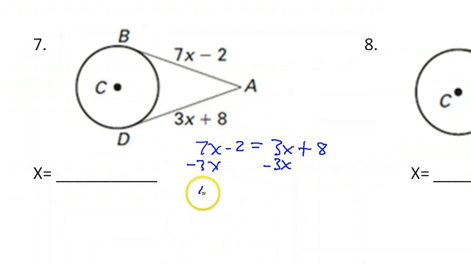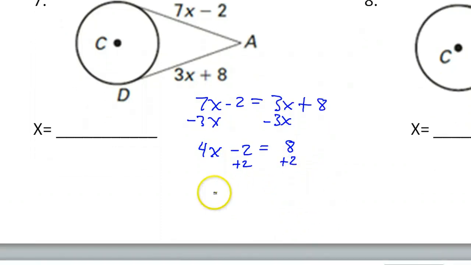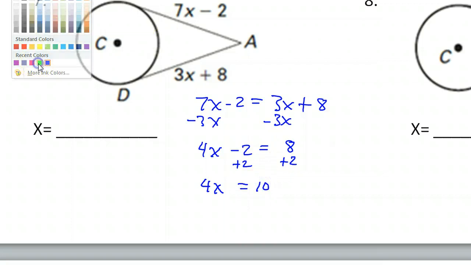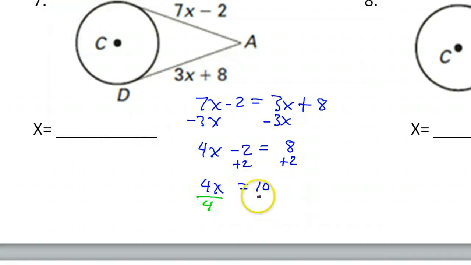So that's going to leave 4x minus 2 is equal to 8. Then if we add 2 to both sides, that's going to give us 4x is equal to 10. Of course, then we will have to divide both sides by 4. And that's going to give us x equals 2.5. So that is it for number 7.